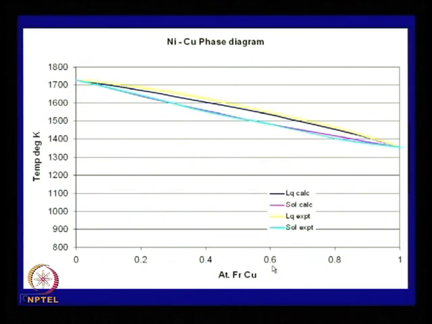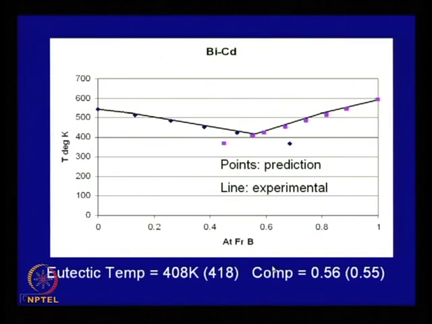And we also looked at an extreme case of liquid solid immiscibility. Say we assume that for bismuth and cadmium, in the liquid state they form an ideal solution, and in solid state they are totally immiscible.